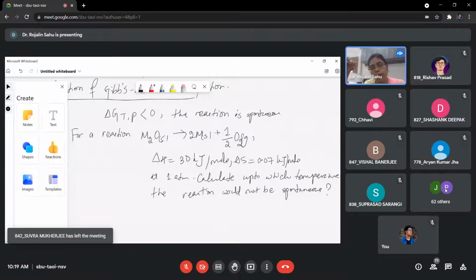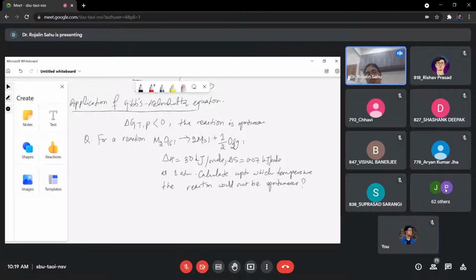At 1 atmospheric pressure, you have to calculate up to which temperature the reaction will not be spontaneous. Do you understand the question? You have to find out the temperature, and you'll put del G greater than 0 because it is not spontaneous.